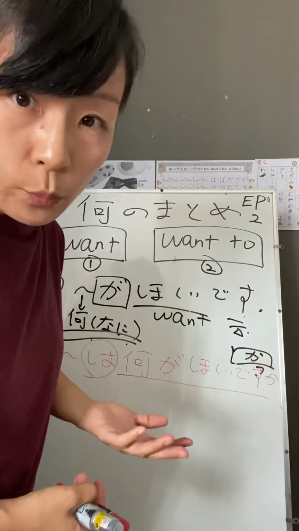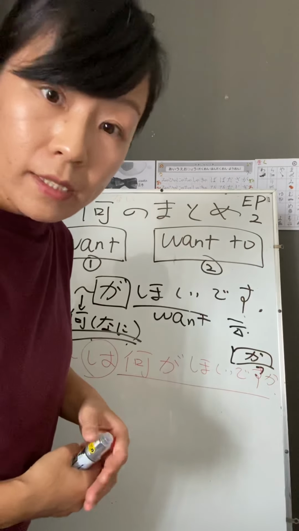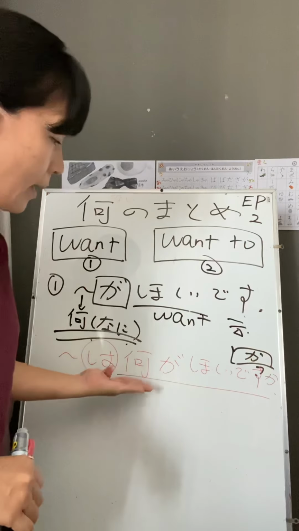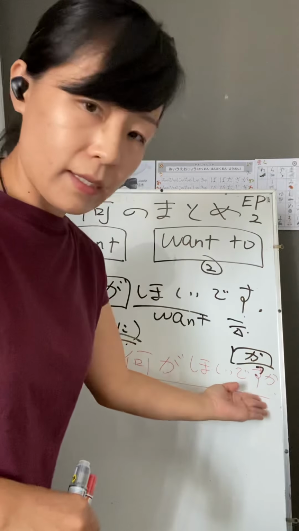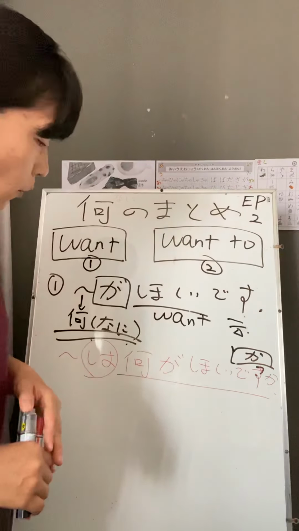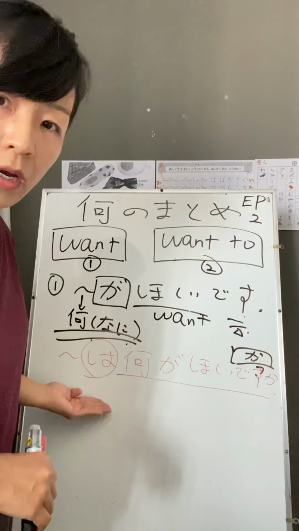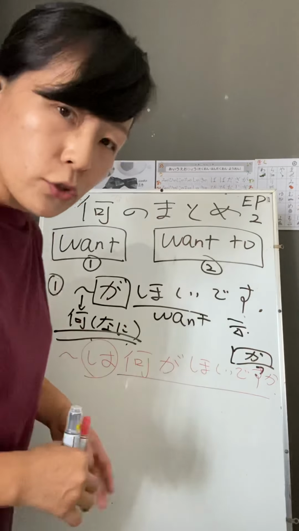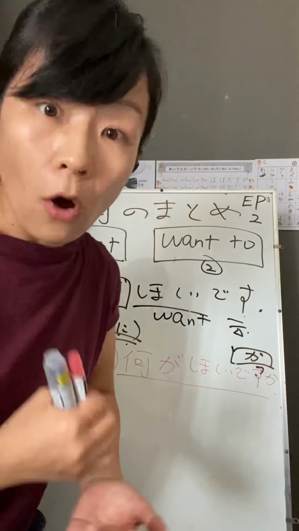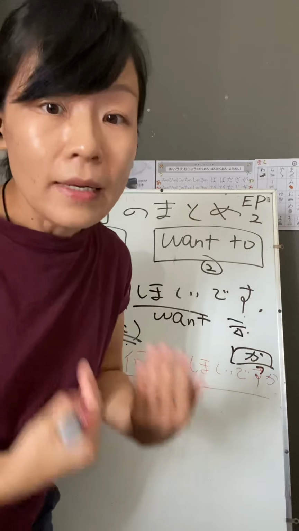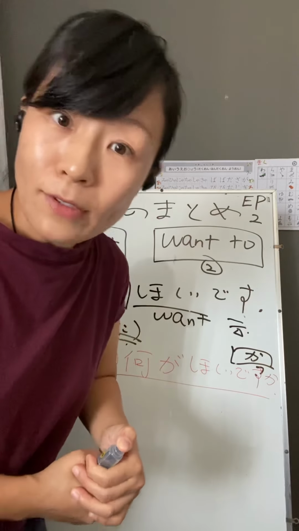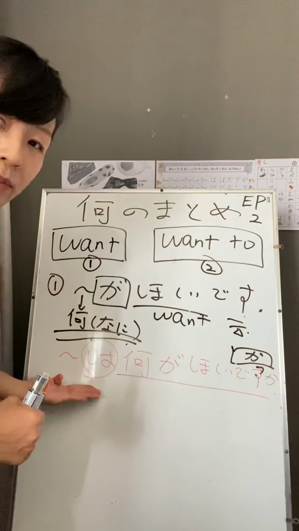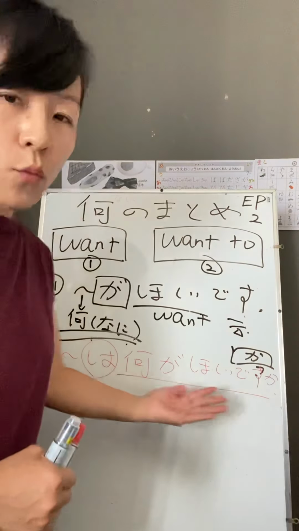Birthday is 誕生日. Christmas は何が欲しいですか? What do you want for Christmas? 誕生日ね. お誕生日, by adding the お to 誕生日 it sounds more polite. お誕生日は何が欲しいですか? For your birthday, what do you want?